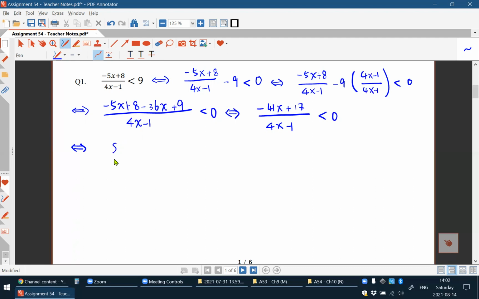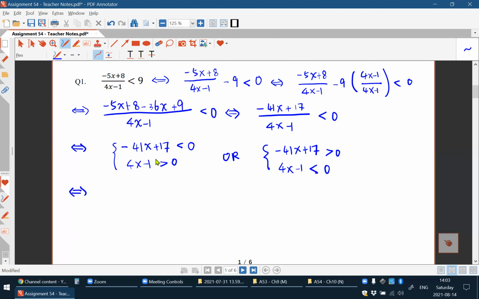So first case, we can either have a negative numerator and a positive denominator, or we can have a positive numerator and at the same time the denominator should be negative, right?